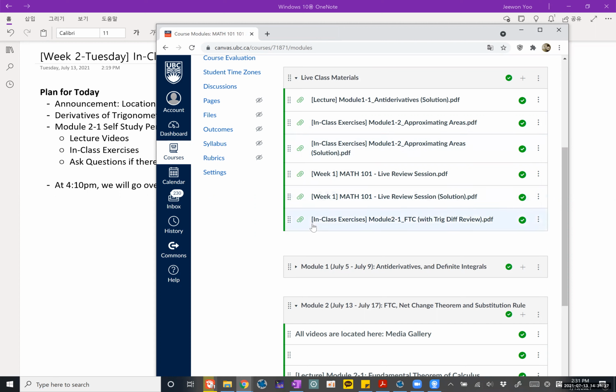So for today, we're going to do trig differentiations and module 2-1 in-class exercises. You can go to Canvas and click the slides, and maybe you don't have time to print, but if you have a tablet or something, you can annotate on the slides. These are not for marks, so if you want to write it at a later time, please do so.